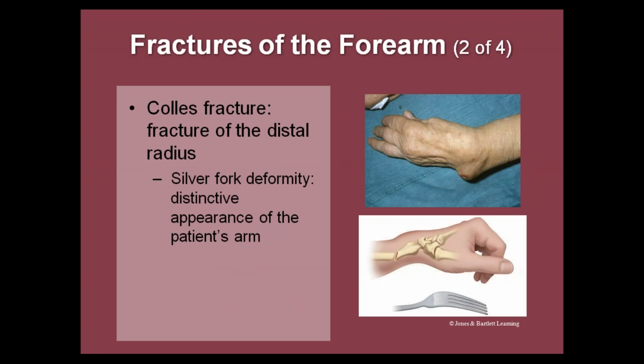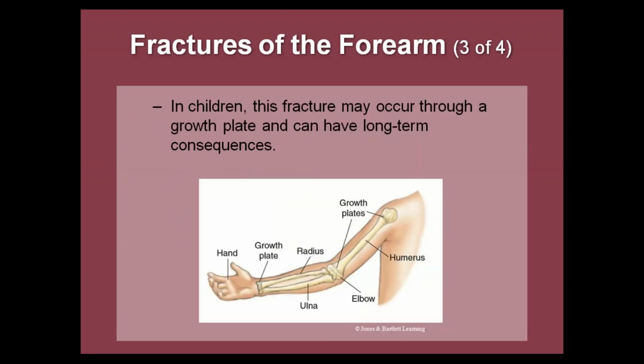Fracture of the distal radius, known as the Colles fracture, can have a silver fork deformity. It's a distinctive appearance of the patient's forearm. It's got that little roll to it. That's a silver fork deformity, so it's pretty specific.